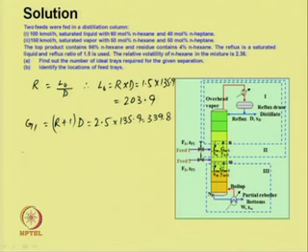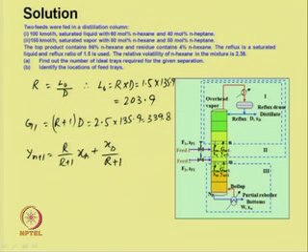So, the equation of the operating line as we have derived earlier, y n plus 1 would be R by R plus 1 xn plus xD by R plus 1.